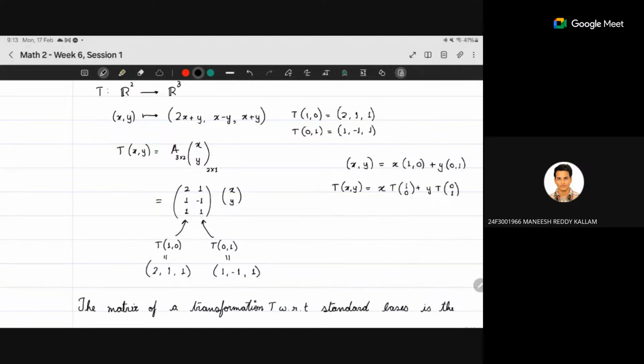So the matrix of the transformation is obtained by computing the images of the basis vectors and putting them as columns. Yes, sir. Got it, sir.